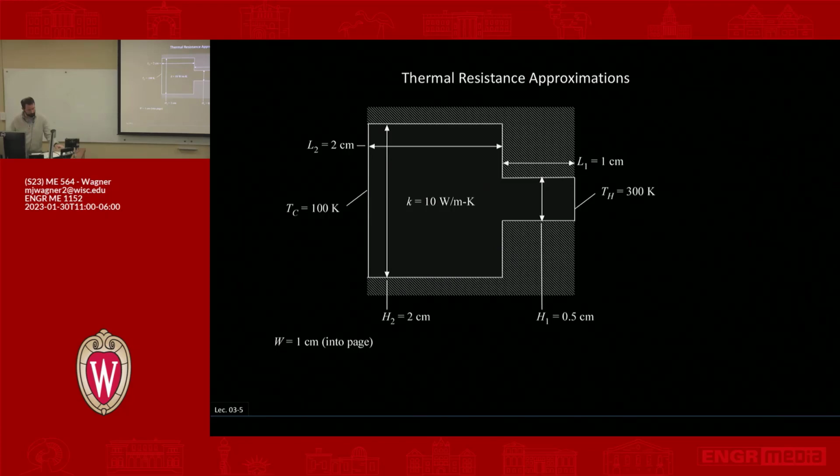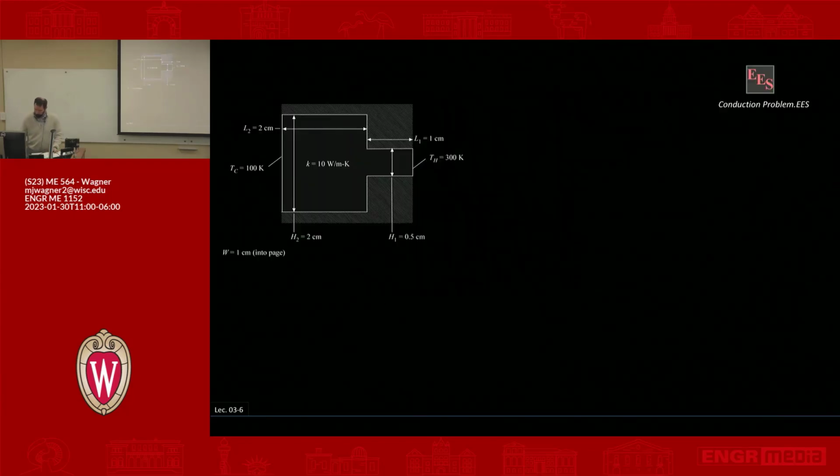Okay, let's see. So let's go through. All right, we already know how to do the isothermal limit and the adiabatic limit. So let's just write those out. If we do the isothermal limit, and we want to calculate the heat transfer rate Q dot in the isothermal limit, what is that going to be?